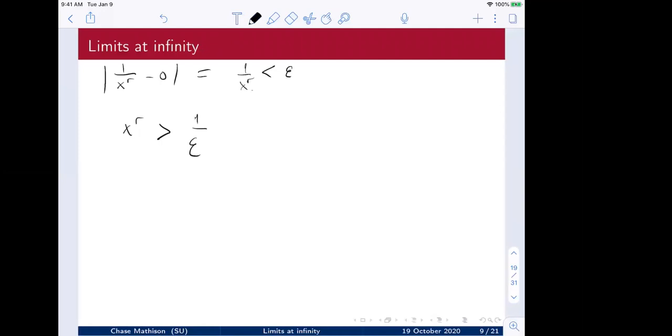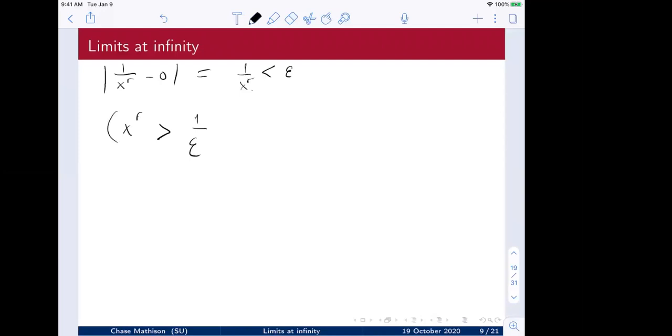It's not natural log, in case anyone was thinking natural log. If this was x squared is greater than 1 over epsilon, what would you do next? I'd take the square root, right? If this was x cubed is greater than 1 over epsilon, what would you do? Take the cube root, right? So whatever r is, I just take the rth root.